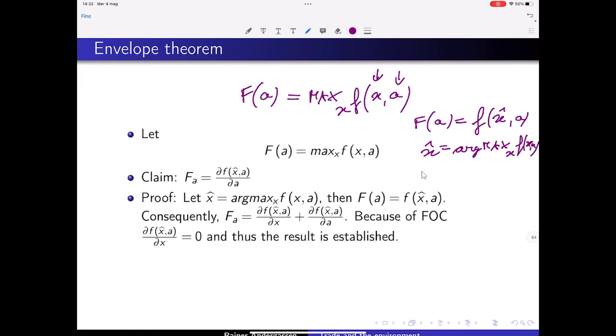So x hat is my solution to the maximization problem. If I plug x hat into my function, I get capital F(a). Is it clear?